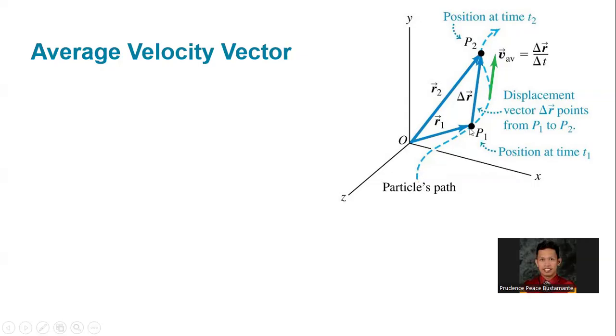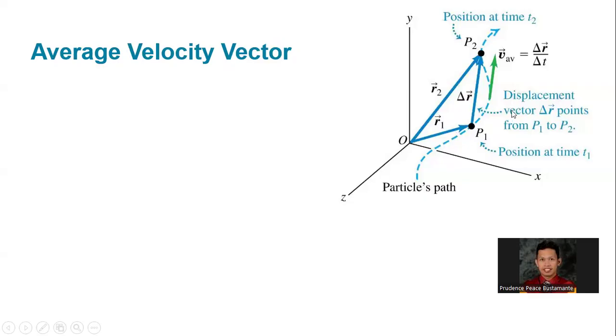So from here, the particle moves. At time t1, you note the position of the particle as P1, or you can describe this as the vector r1. At time t2, this is the position of our particle. We can describe this position as r2.